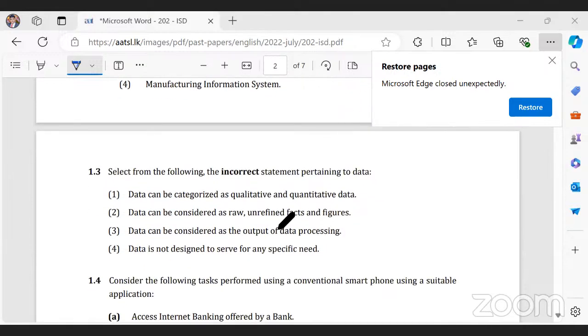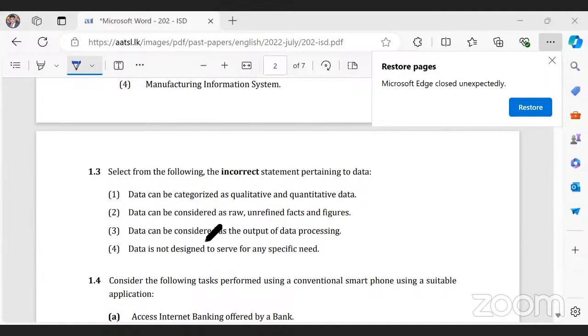Next, select the incorrect statement pertaining to data. There are several statements related to data, so what is the incorrect statement? Data can be categorized as qualitative and quantitative. Yes, that is true. Data can be considered as raw, unrefined facts. That is also true.